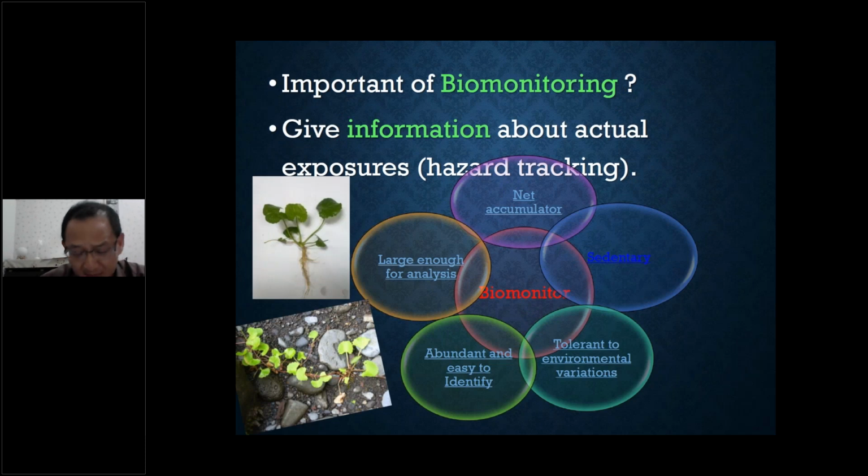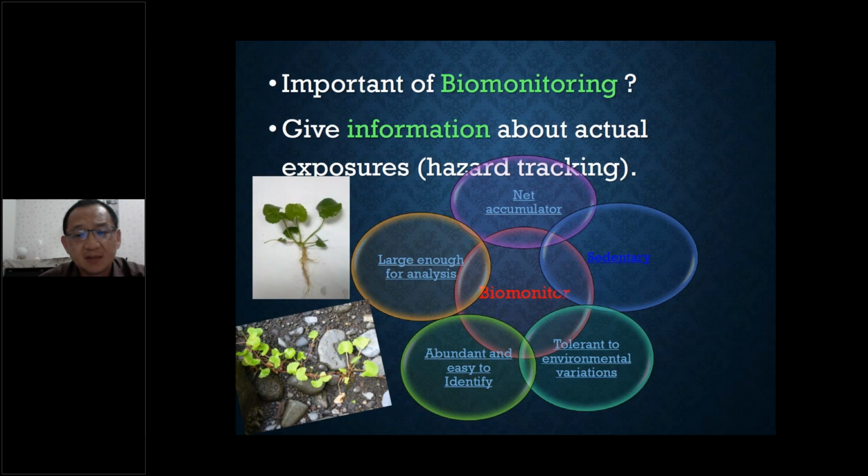In my work, for more than about 20 years, I have been working on biomonitoring of toxic chemicals in Malaysia. And why Centella asiatica? Basically, it has good characteristics to be used as a biomonitor, assumed as a single species.